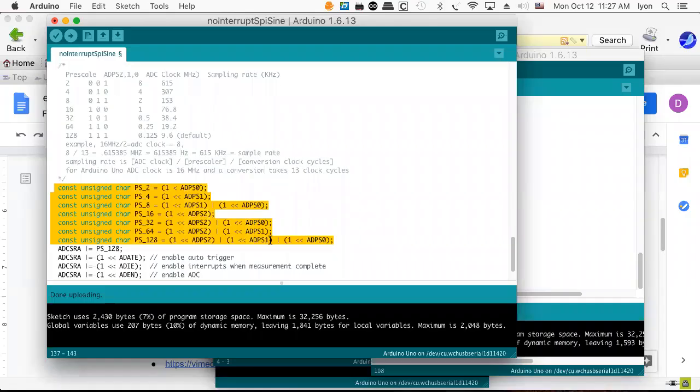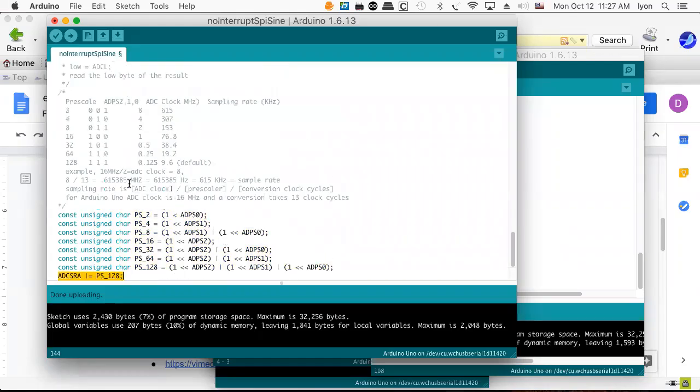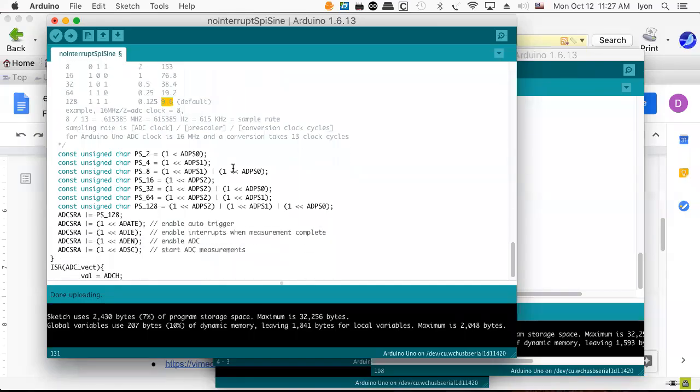Then you just select one, and say, look, I'll go to my ADC control register and set 128 as my divide down. If I divide by 128 on a 16 megahertz clock, I know I'm going to run at 125 kilohertz for my successive approximation ADC's input, and therefore, dividing by 13, I'll have a 9.6 kilohertz conversion rate.